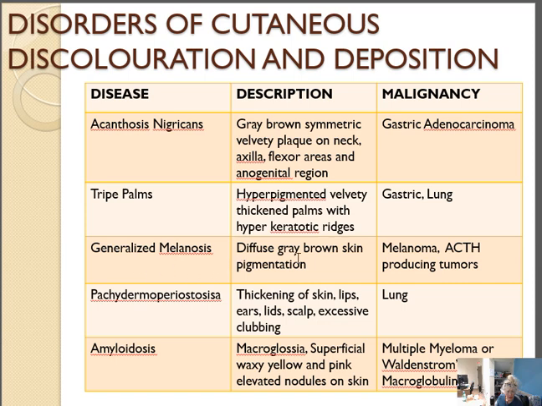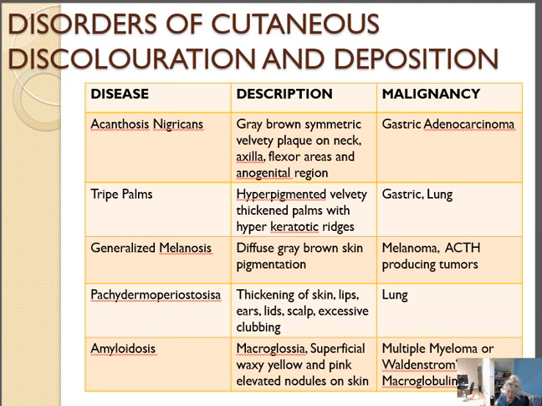Generalized melanosis, diffuse gray-brown pigmentation, can be from melanoma or adrenocorticotropic hormone producing tumors, and pachydermoperiostosis is thickening of the skin, lips, lids, scalp, and excessive clubbing, which is lung cancer.